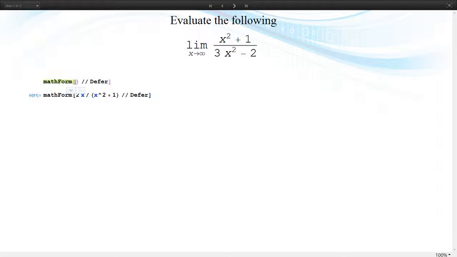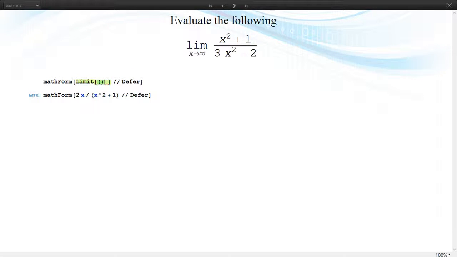So the first thing that we want to do is we're going to divide the top and the bottom of this fraction by x squared, since x squared is the highest power that appears in either the numerator or the denominator. So let's do that.